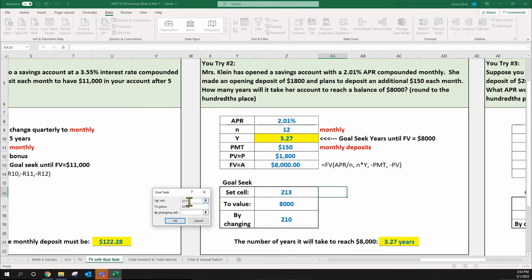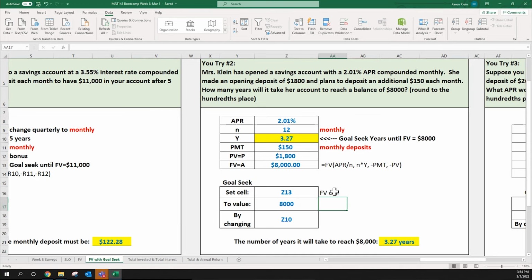So we're going to type in 8,000. By changing the cell we're looking for, since we're looking for the years, we're going to put in Z10, or I can just highlight that and we hit OK. So this will be the FV cell. What you want FV to be. And this would be the blank cell.